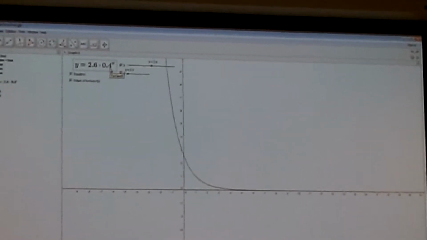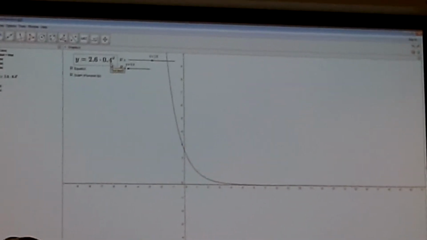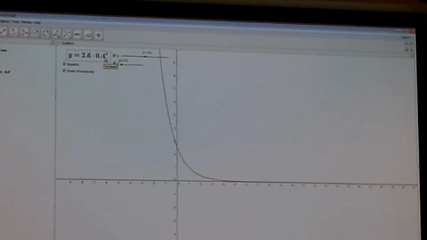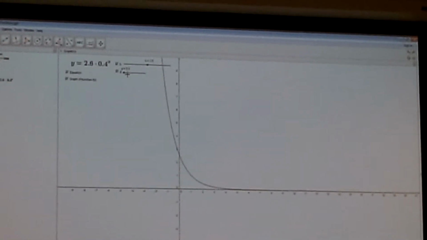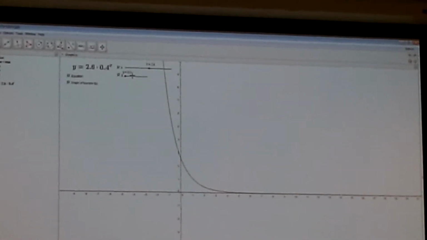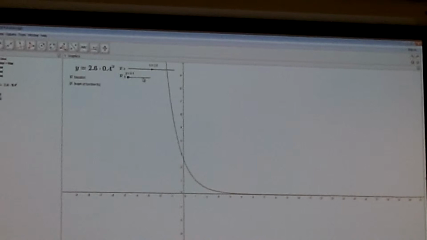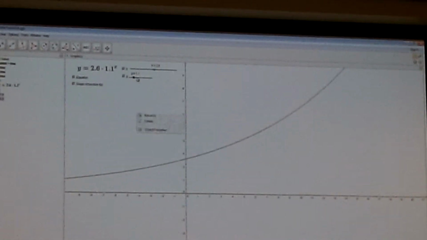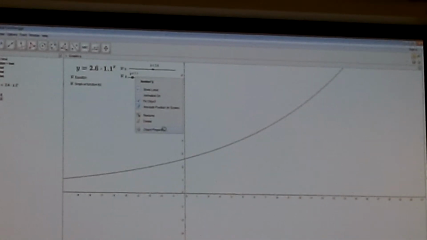And what I want to do is change this so that, if we're thinking in terms of logs, we want to have a base 10. So the growth factor here, I want to make that 10. So I'm going to go in, and I did this during break, but I'll redo it here. Let's see, object properties.